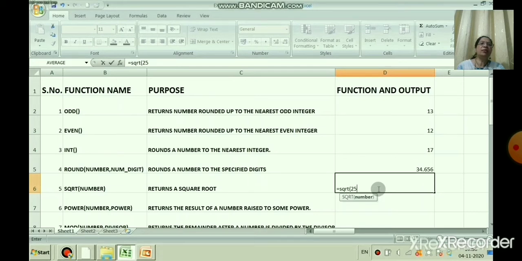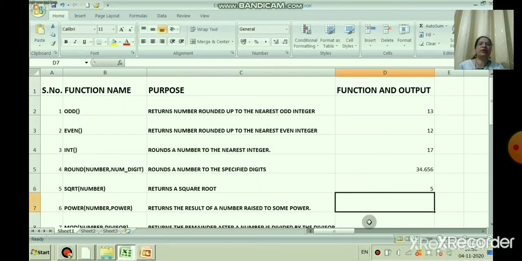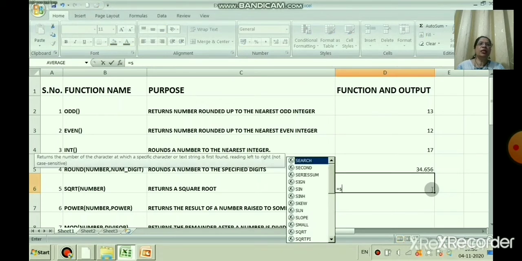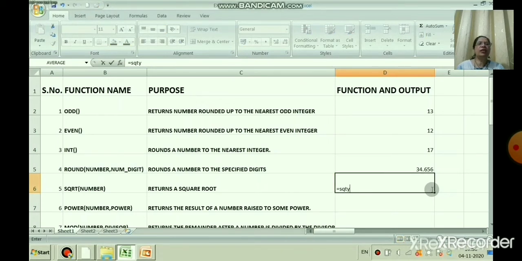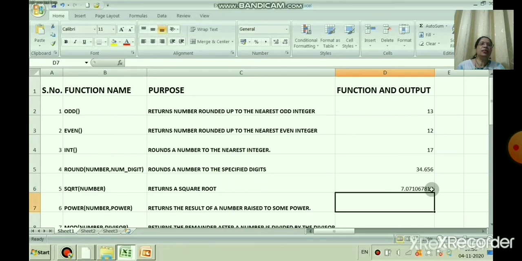Can you see the parameters over there? In the bottom you can see number. I have written 25. The square root is how much? 5, right. So, the same thing if you want to find a square root, is equal to SQRT, then number, close the bracket, yes, okay, 7.0710, right, it returns a square root.